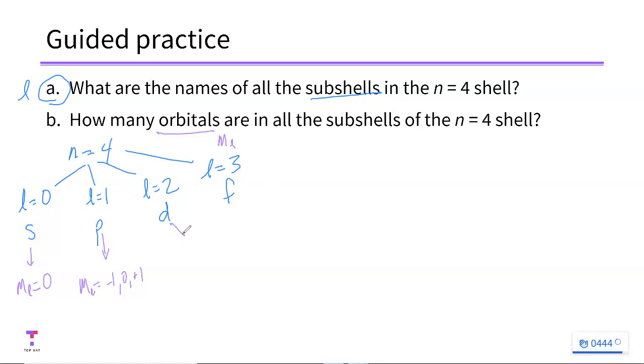For the D sublevel, we start at negative 2 and go all the way to positive 2. For the F sublevel, we start at negative 3 and go all the way to positive 3.